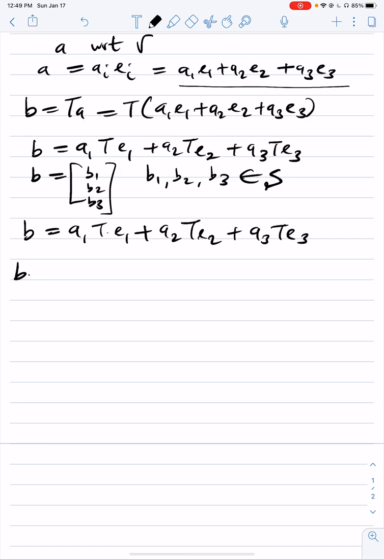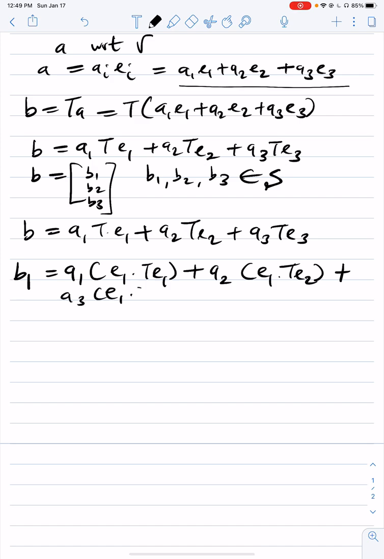So to find B1, look at this closely: A1 E1 dot TE1 plus A2 E1 dot TE2 plus A3 E1 dot TE3, right?